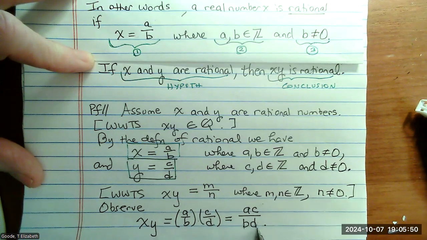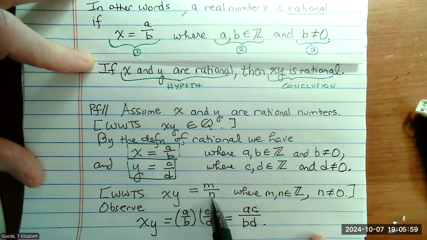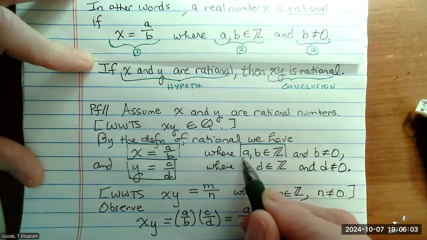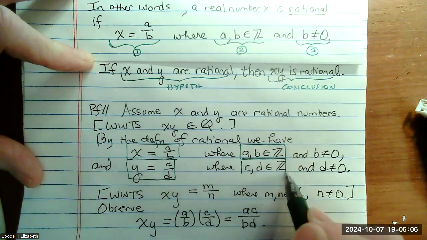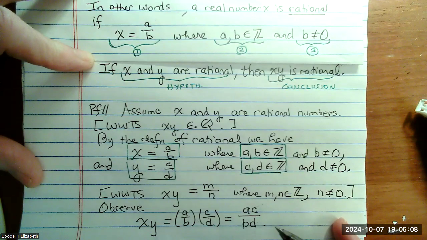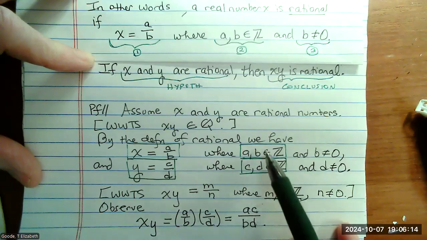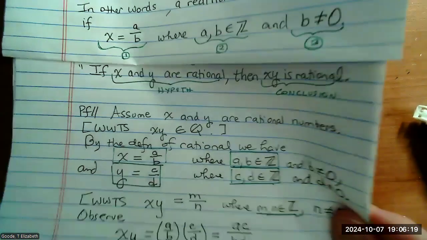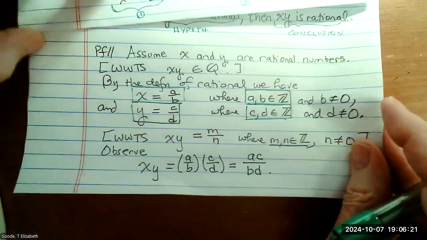Now we got to do the rest of it. We've got to show that AC, that's going to be our M, is an integer, and we have to verify that B times D, which is our N, is also an integer. Well, to do that, we're going to use the fact that A and B are integers and C and D are integers. See, that's what I mean in this game. To get part 2 of the definition of rational, we use part 2 of the definition of rational. So let's write that up.